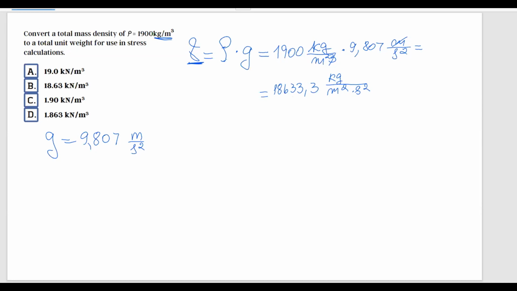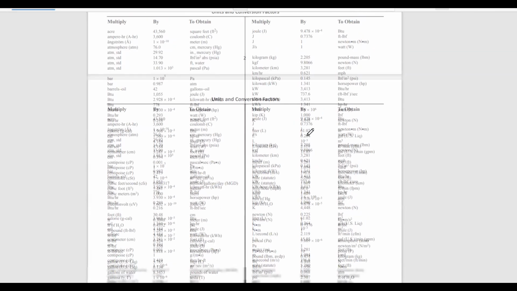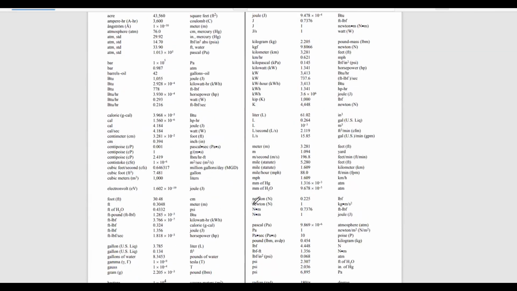Perfect. So now I'm looking at the answers. I have to bring this unit to kilonewtons over meters cubed. Let's see, how do we do that? Back to the FE handbook unit section, I know that 1 Newton is equal to kilograms multiplied by meters over seconds squared.